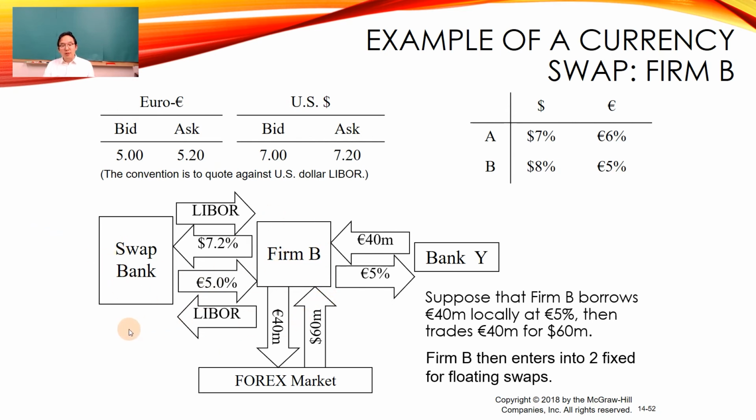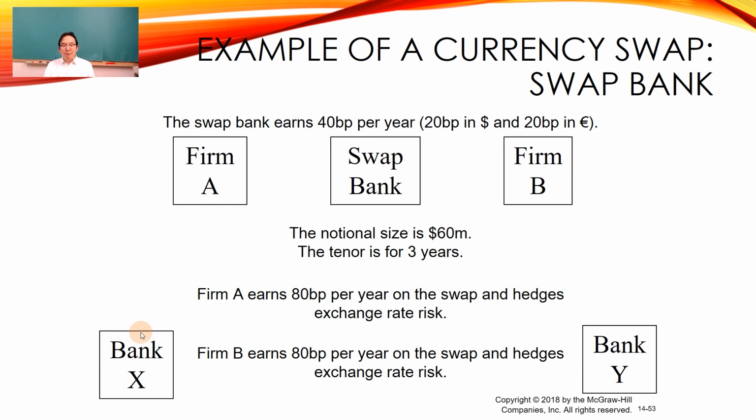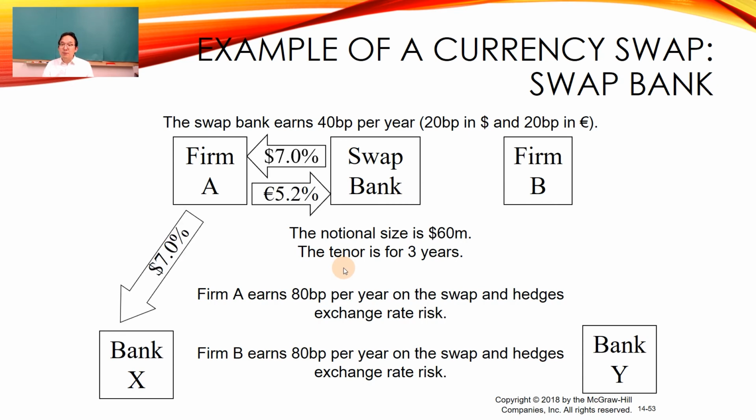So all in all, what happens? Well, we bring all those 5 entities into one picture. The swap bank earns 40 basis points per year: 20 basis points in US dollars and 20 basis points in euro.